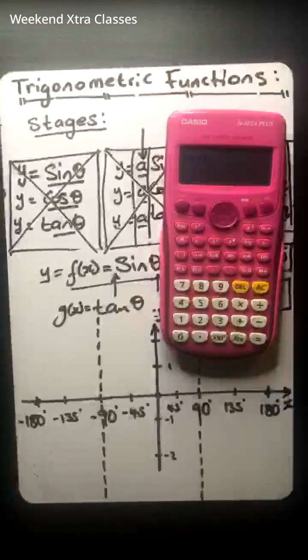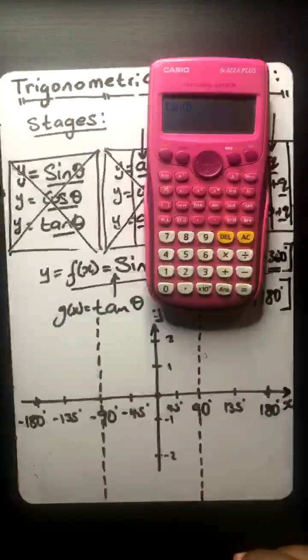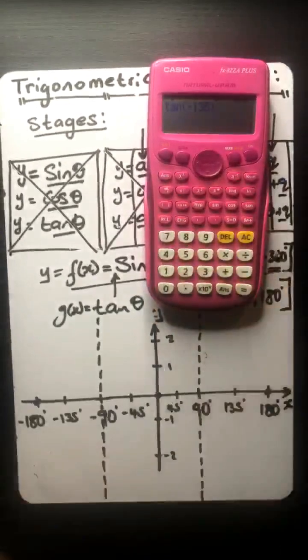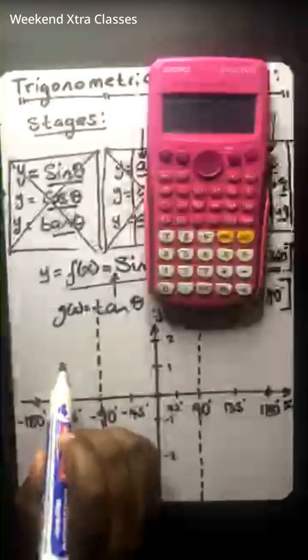Hello, I come back. I'm not sure what happened there, but let's continue. What are you guys getting when you punch tan negative 135? What are you getting? 1. 100%. So this is where you make a dot.